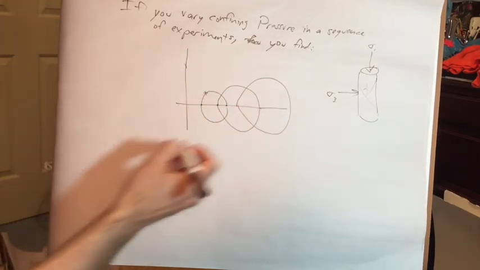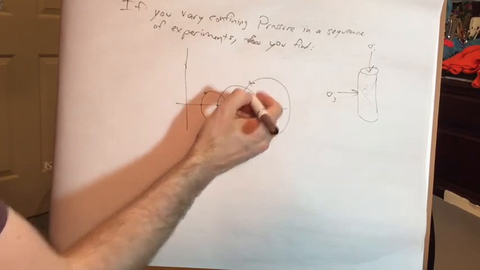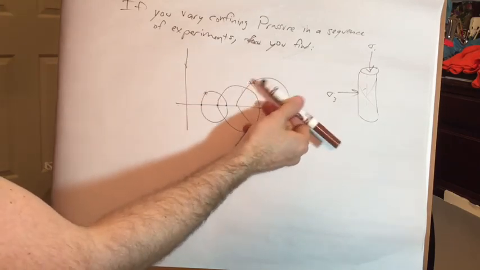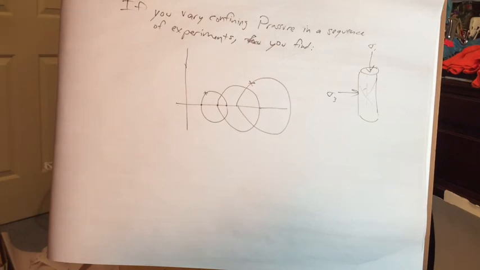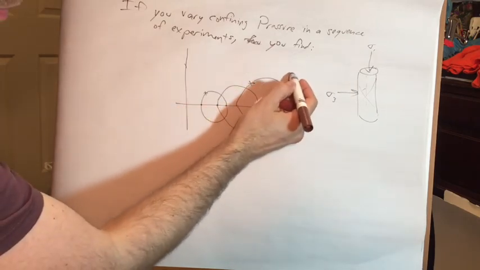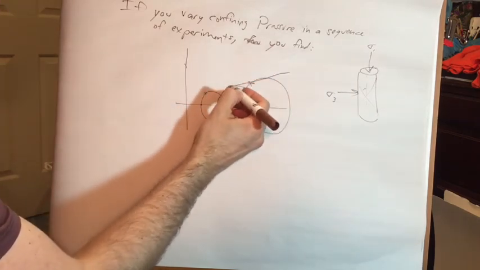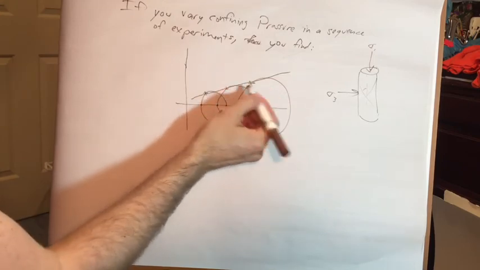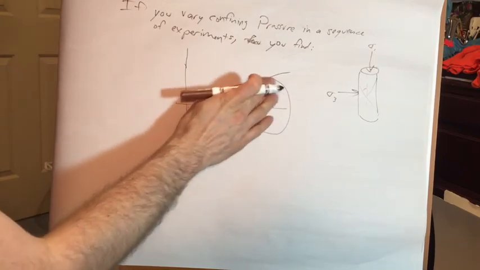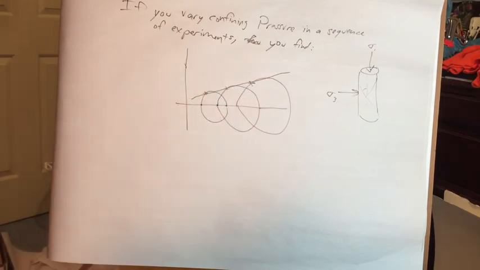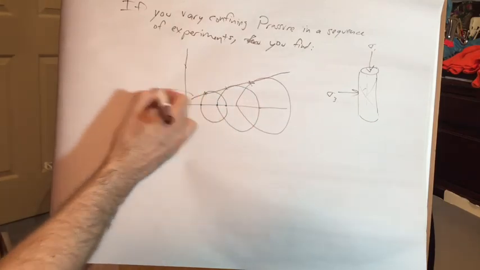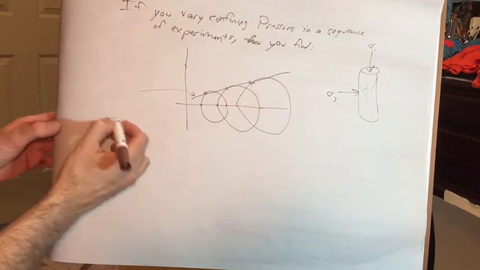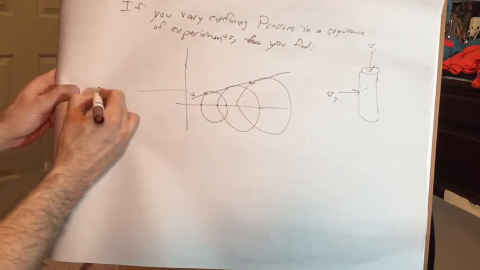Looks something like that. And if we plot those fractures, they tend to be at about that position. So we can define this surface here, basically one that would go through these x's and intersect the circles. And that surface is what we call a fracture envelope.